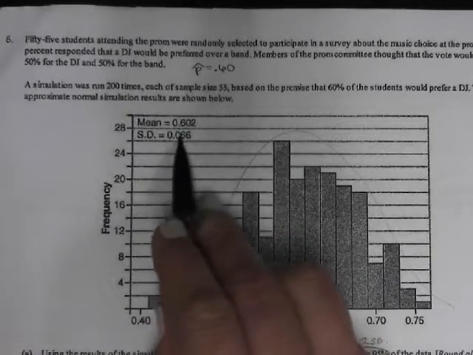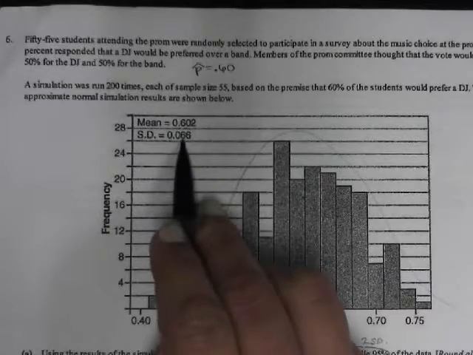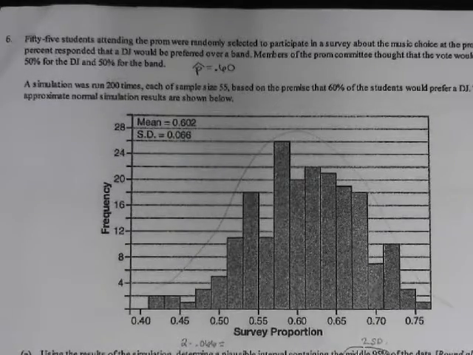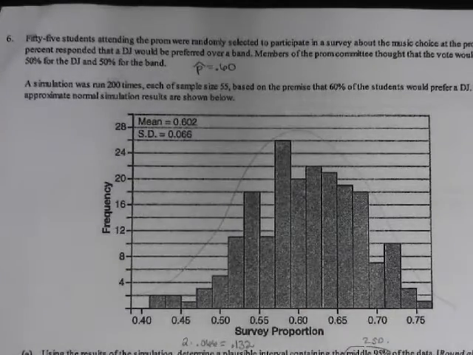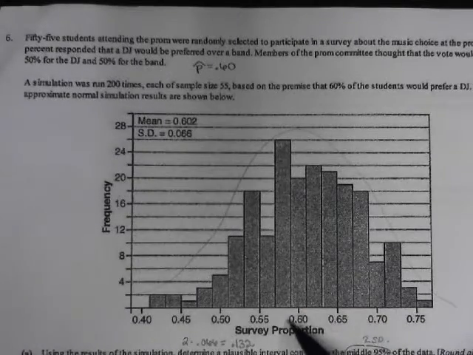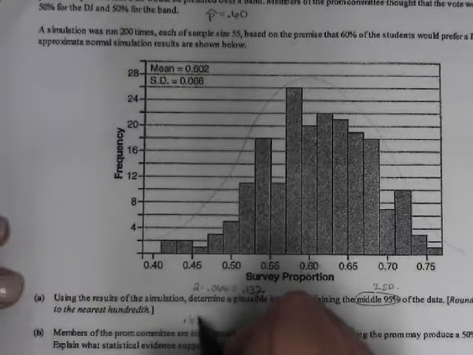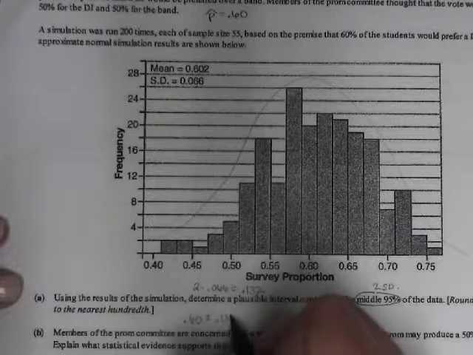We have 2 standard deviations. Our standard deviation was given right up there. So 2 times 0.066 is going to give us 0.132. So we want to be within 0.132 of the middle. So that's going to be 0.60 plus or minus 0.132.